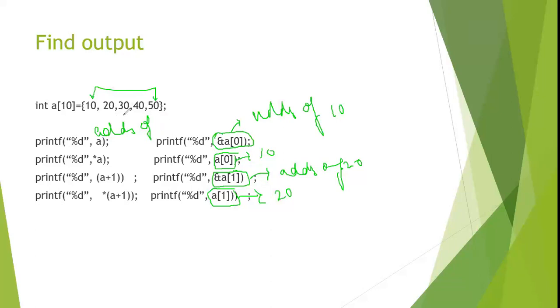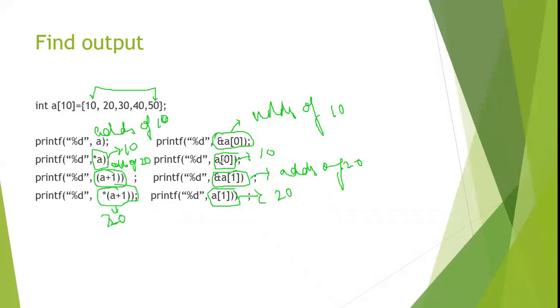First element is 10, that is the address of 10. Pointer A, that is *A, will give you the value of the first element, that is 10. Right. A plus 1 will give you the address of the second element, that is 20. And *(A+1) will give you the value of the second element, that is 20.